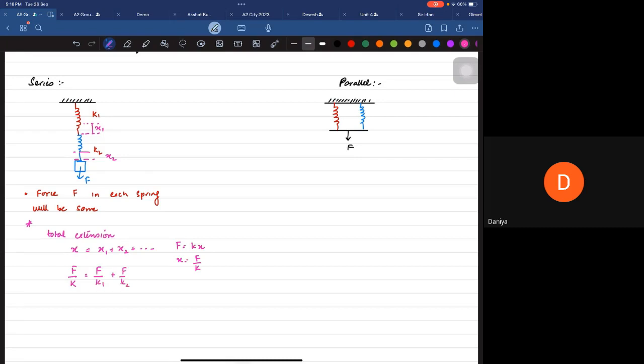Now each spring basically takes up the same force, that's why we're writing F. And when you cancel out F's because you can take common, it's going to leave us with 1 upon k equals 1 upon k1 plus 1 upon k2 and so on. So this is how you can find the total spring constant.